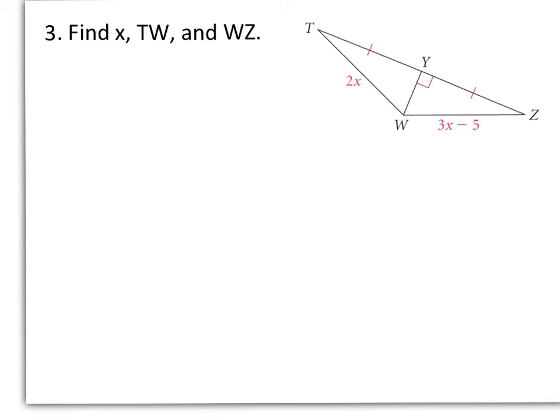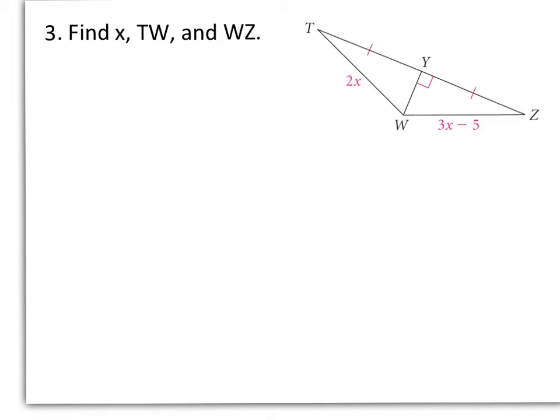Number 3, we want to find X, TW, and WZ. Looking at our triangle on the right, we see that WY is a perpendicular bisector of TZ. I know this because I have a 90-degree angle at Y, so angle WYZ is 90, and also WYT would be 90 degrees. And my figure marks that TY and ZY are congruent.